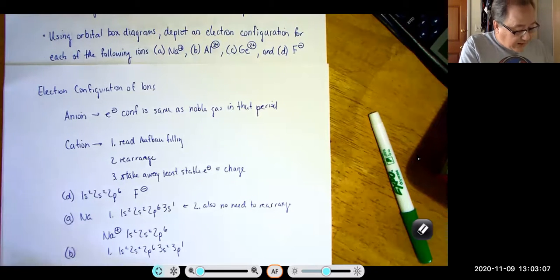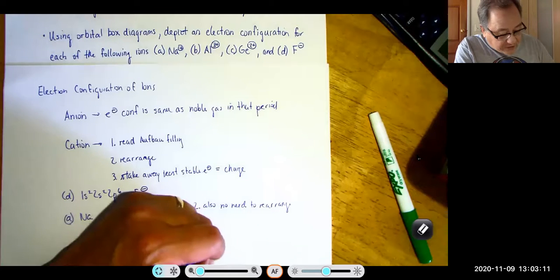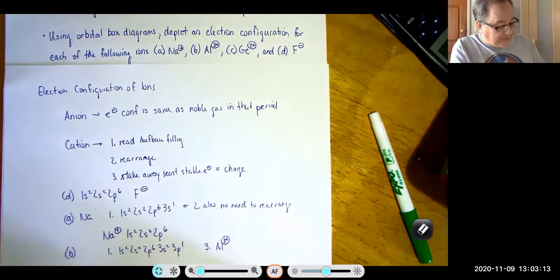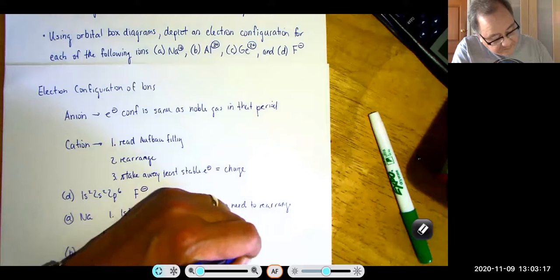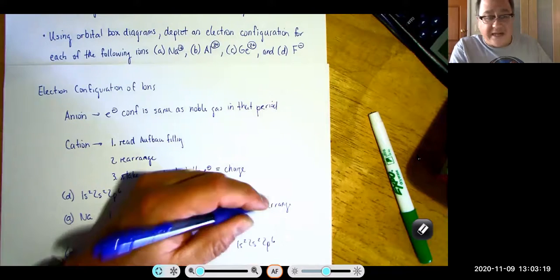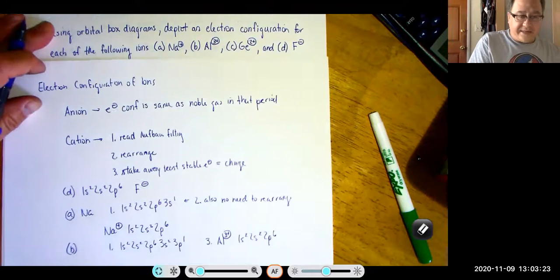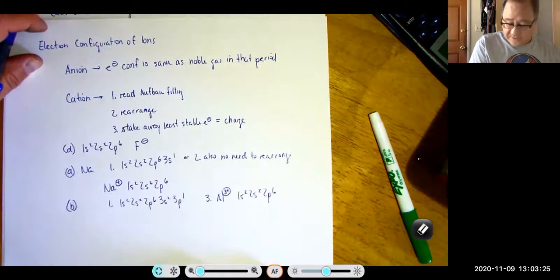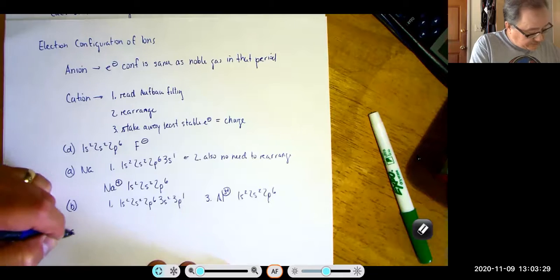No need to rearrange. And when we go to aluminum with a +3 charge, we have to take away 3 electrons, 1, 2, 3. It's the same as neon. But let's look at germanium, the next one that they want us to do, with a +2 charge.